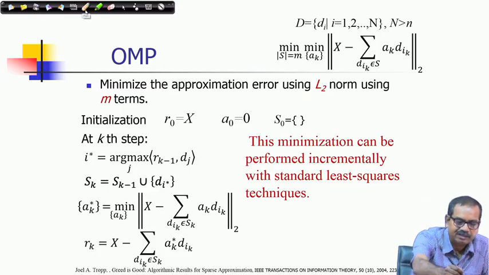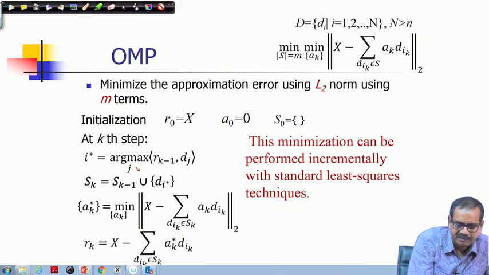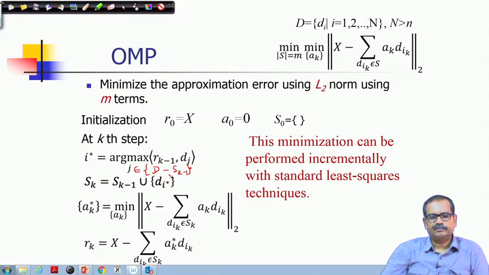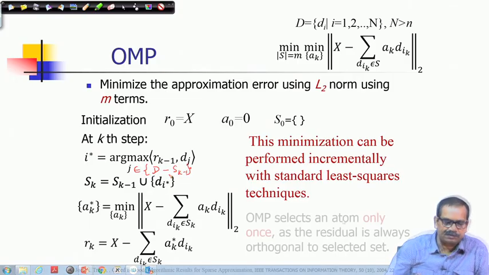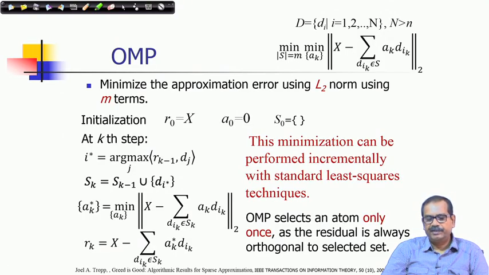In this case I should have written j belongs to the dictionary D minus Sk minus 1. You are only choosing those remaining elements of the dictionary which are not within Sk, and you go on doing this till m terms for the best m terms approximation. This is orthogonal matching pursuit. As I mentioned, OMP selects an atom only once, as the residual is always orthogonal to the selected set.